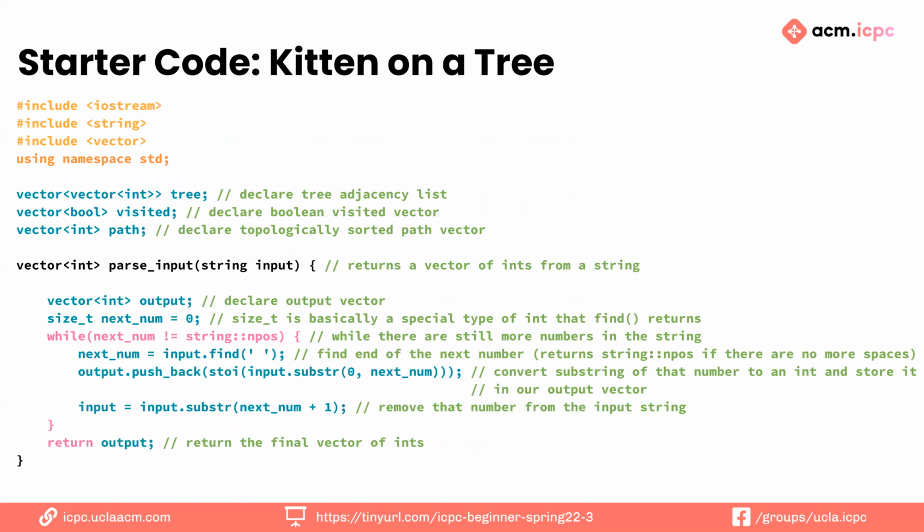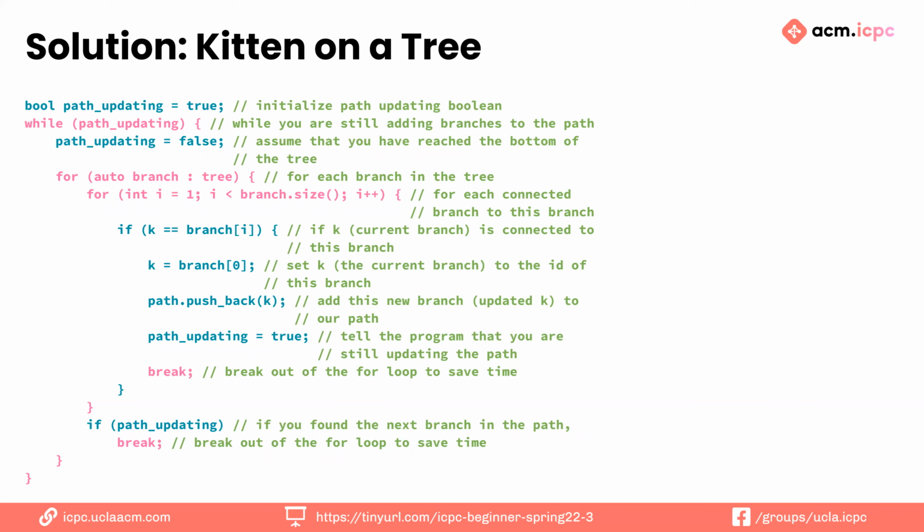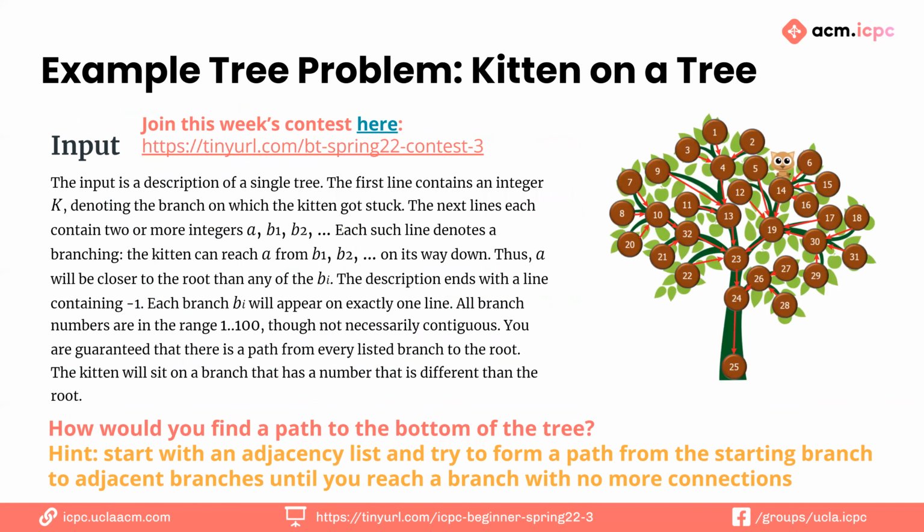There's some starter code if we wanted to actually solve it, but there's our solution, which is a lot more stupid than a DFS. It's just going through every single edge in the tree every time and finding the next possible node to go to. Because if you look at the tree again, there's only one place you can go from every node.